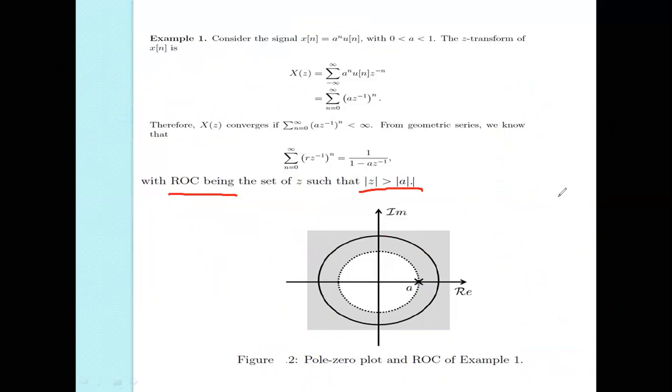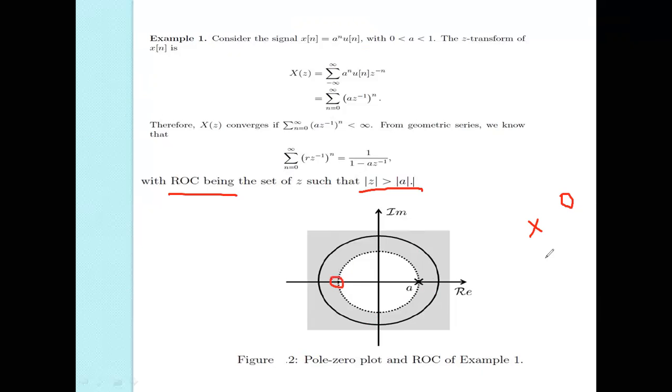With the region of convergence being the set of z such that z is greater than a, here is the pole zero plot. You can see, my dear students, the pole zero plot. The denominator roots we call poles. A pole is represented as a cross mark and a zero is represented as 0, if any zero is there.